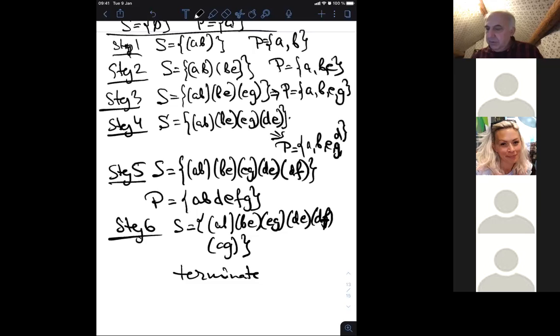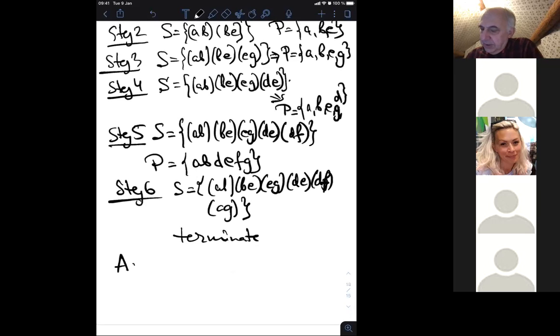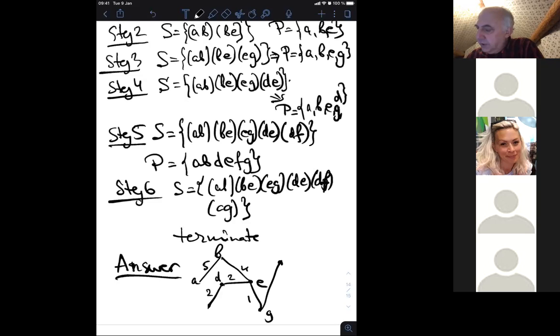Terminate. And now if we draw all these, the final answer would be AB, which has length 5, BE, which has length 4, then EG, which has length 1, DE, which has length 2, DF, which has length 2, and finally CG, which has length 3.